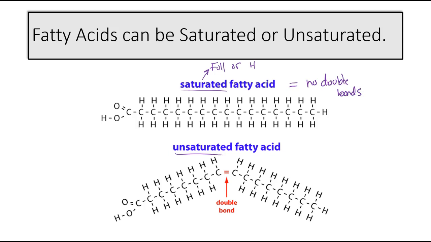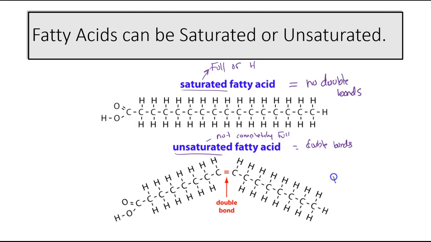On the other side, unsaturated means that it is not completely full, okay? And so it means that there are double bonds in an unsaturated fatty acid. Now, the degree to which it is unsaturated is dependent on the number of double bonds, okay?